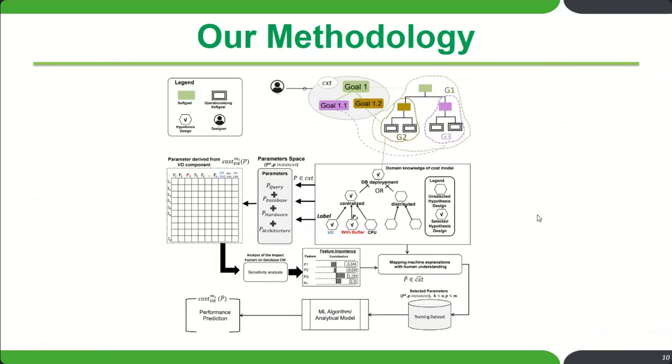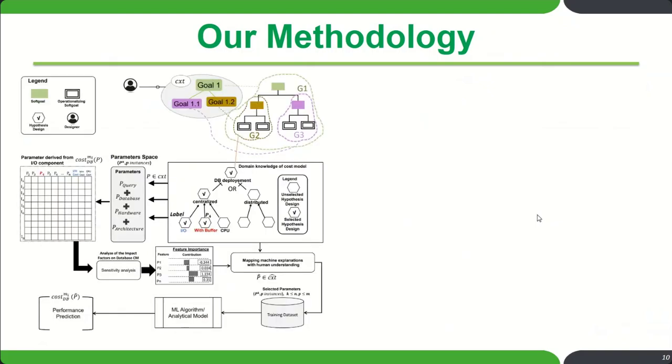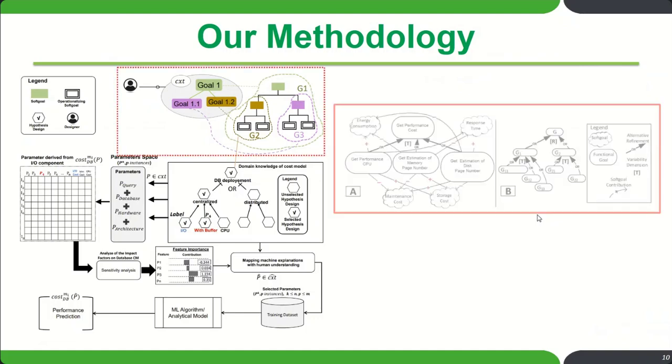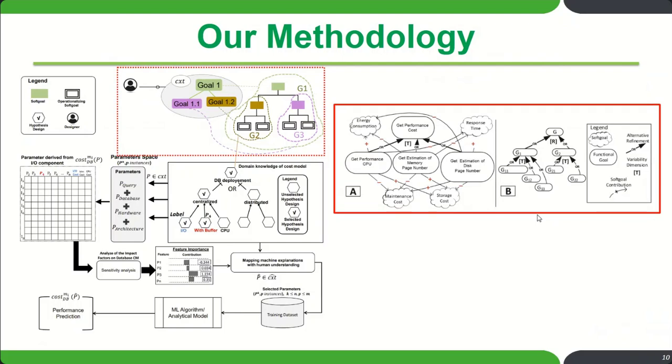This figure represents the global view of our proposal. Users here start by using our goal model. The goal model specifies, for example, the different components of database performance.